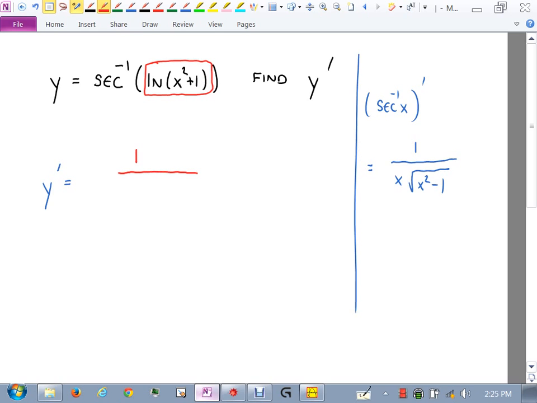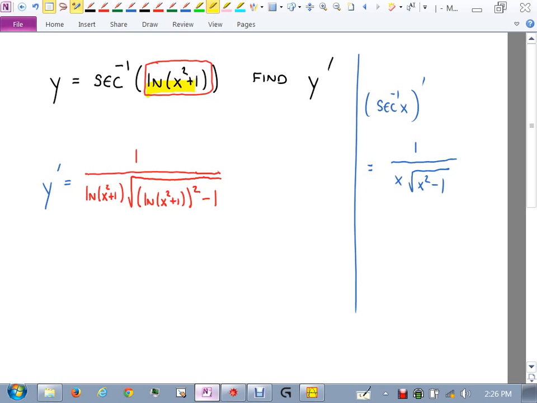1 over, now what goes here? Bottom left? ln of x squared plus 1, then square root of ln of x squared plus 1, but then squared minus 1.